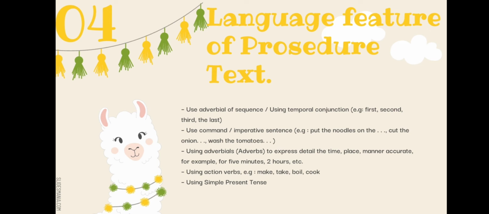The third is using adverbs to express detail, such as time, place, manner, accuracy, for example, for 5 minutes and 2 hours. The fourth is using action verbs, for example, make, take, boil, and cook. And the last is using simple present tense.